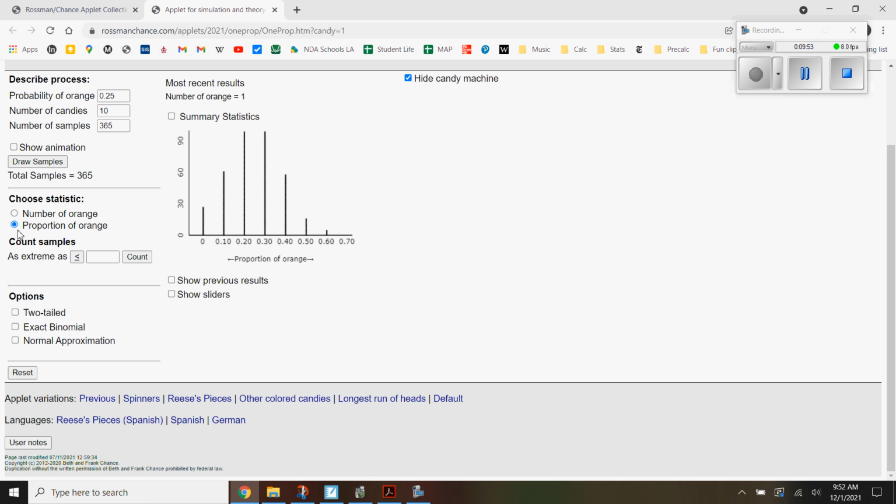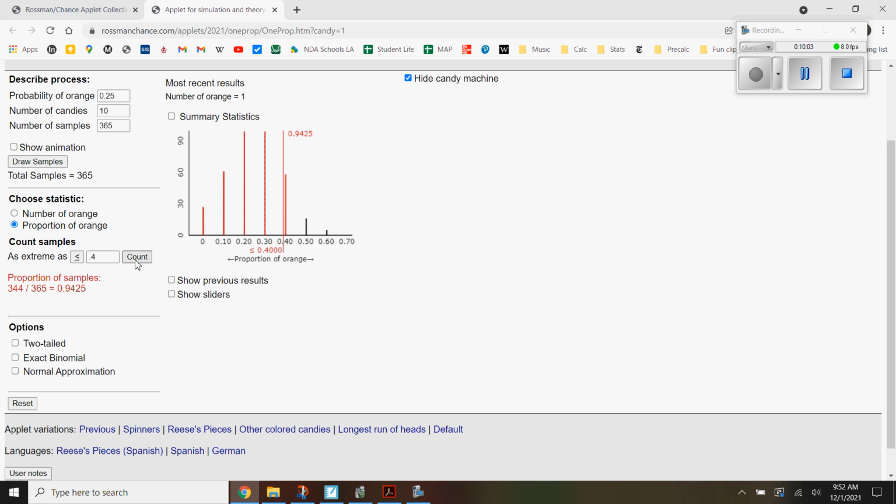And then there's a nice little feature here where I say less than or equal to 0.4, and I'm going to count them, and I can see that 94%, 95% of the days had 40% or less of the babies born Hispanic. 95%.